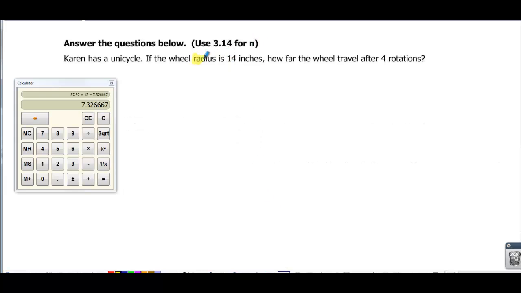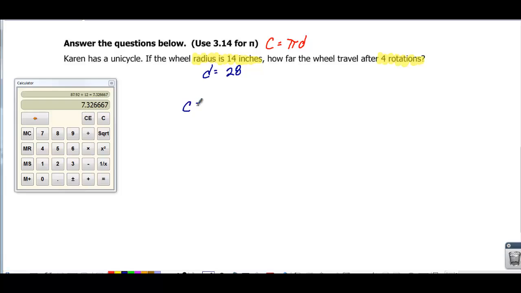First, what's the important information? Here it is. The radius is 14 inches. We're calculating for 4 rotations. So first off, if the radius is 14 inches, the diameter is 28 inches. Once again, our formula, circumference equals pi times diameter, so we need to figure the diameter.